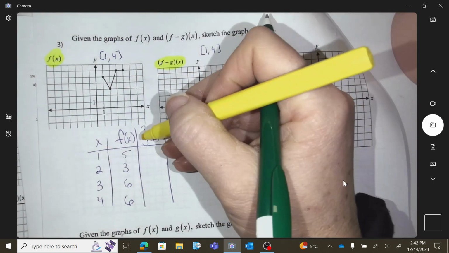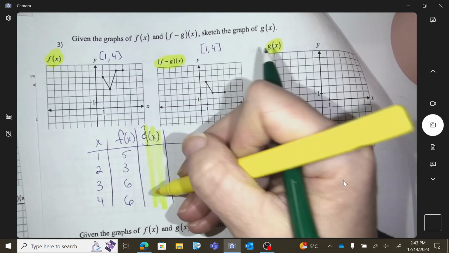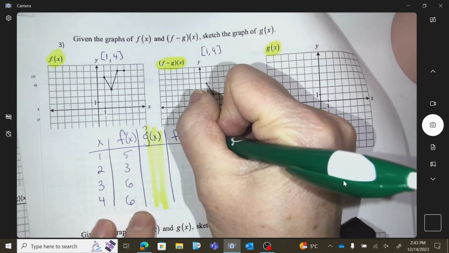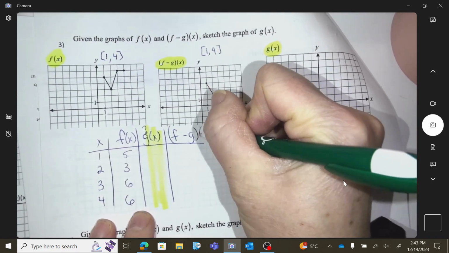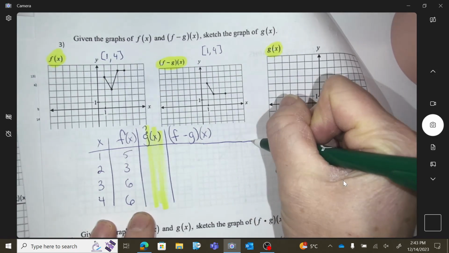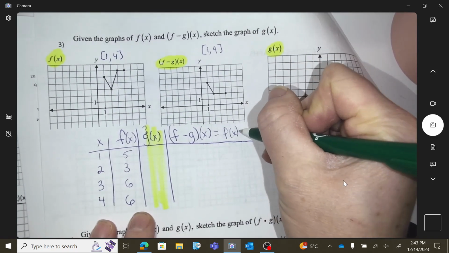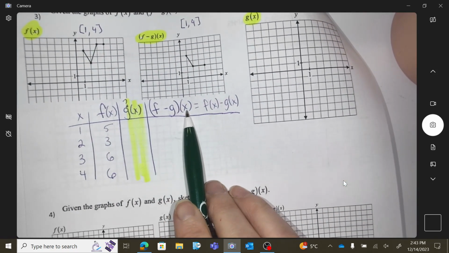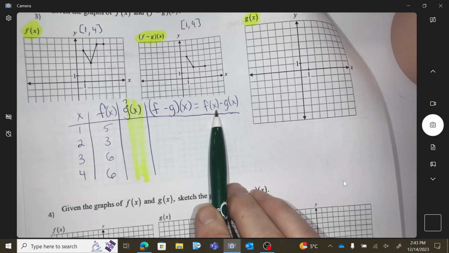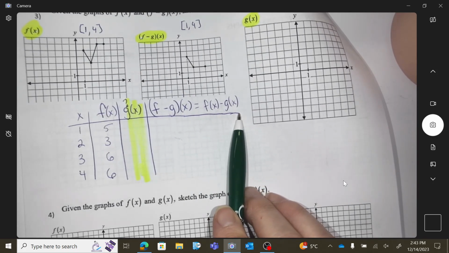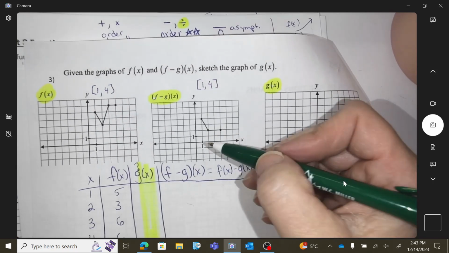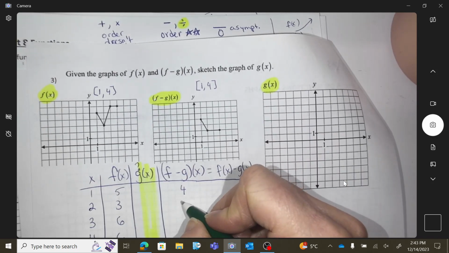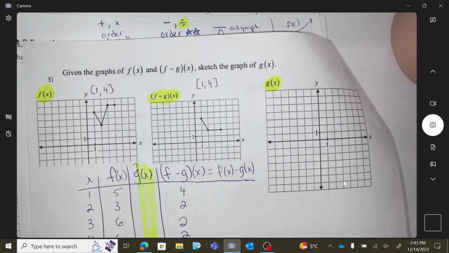We don't know it. Then I'm going to go, what is the f minus g of x? This is the same thing. f minus g of x is the same thing as saying the f of x minus the g of x. That's the same thing. Okay, so this is a height of 4, 2, 2, 2.